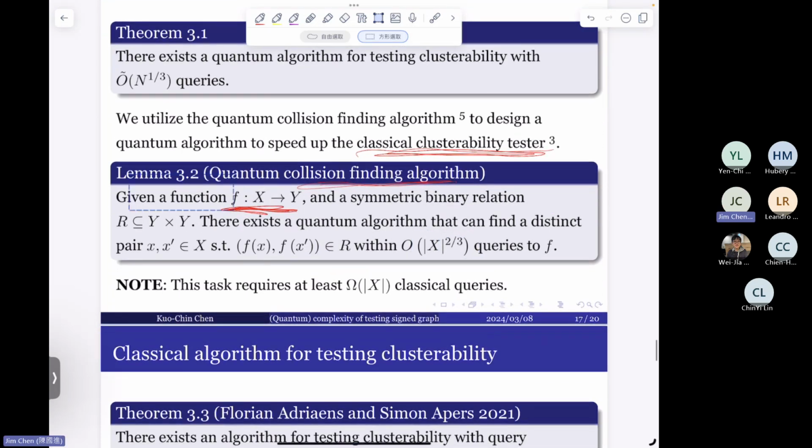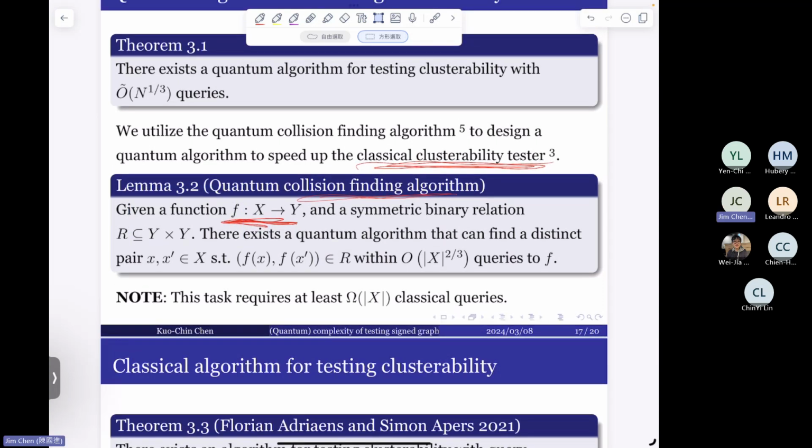For classical we need that many classical queries, but for quantum we can speed up: the number of queries is the size of X to the 2/3.